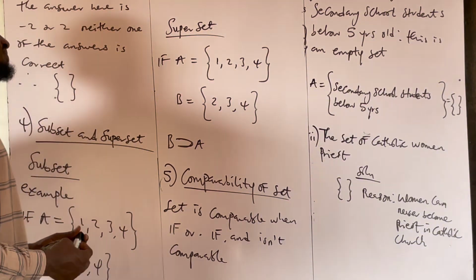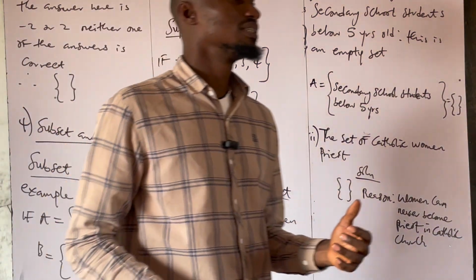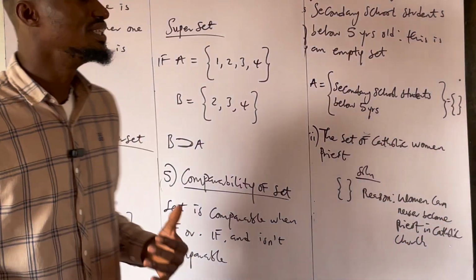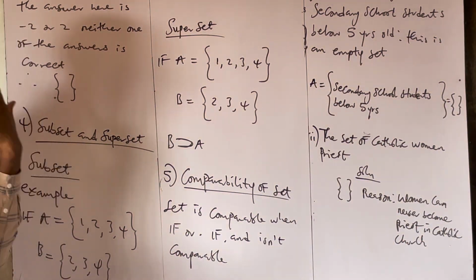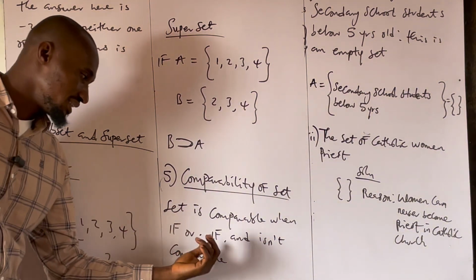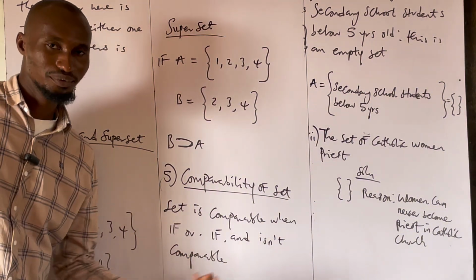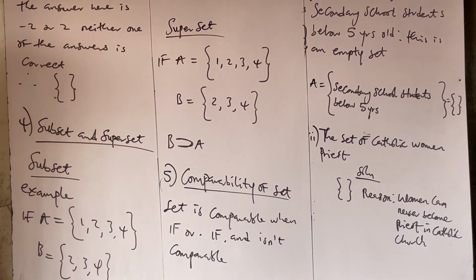Now let me explain. When it comes to comparability of sets, that is where we need adequate knowledge of subsets. Sets which are not subsets of each other are not comparable.